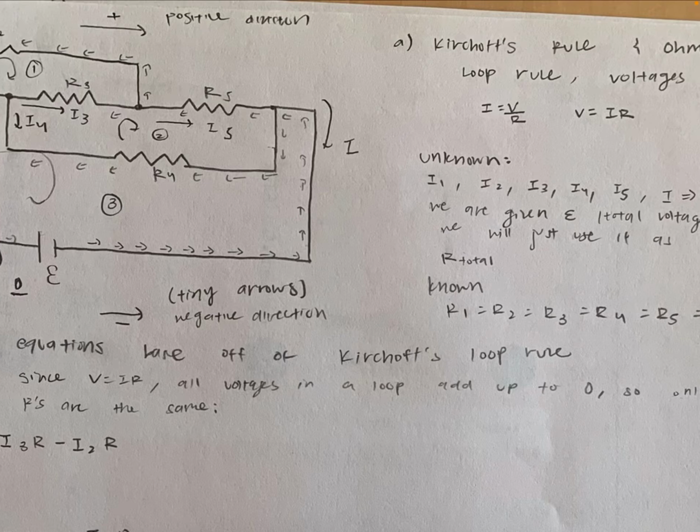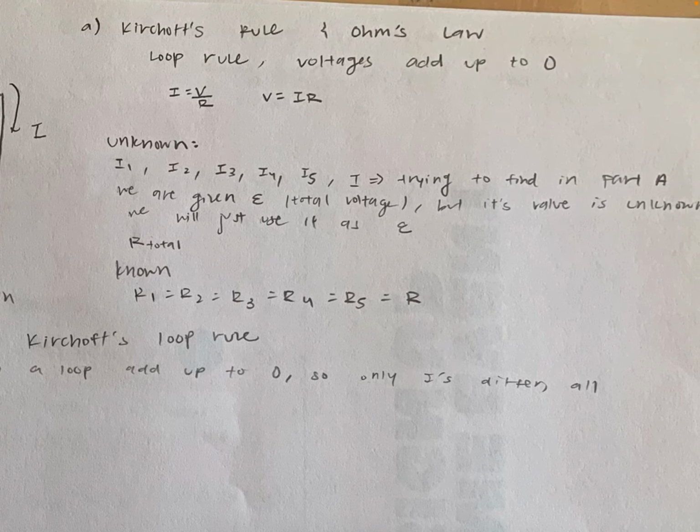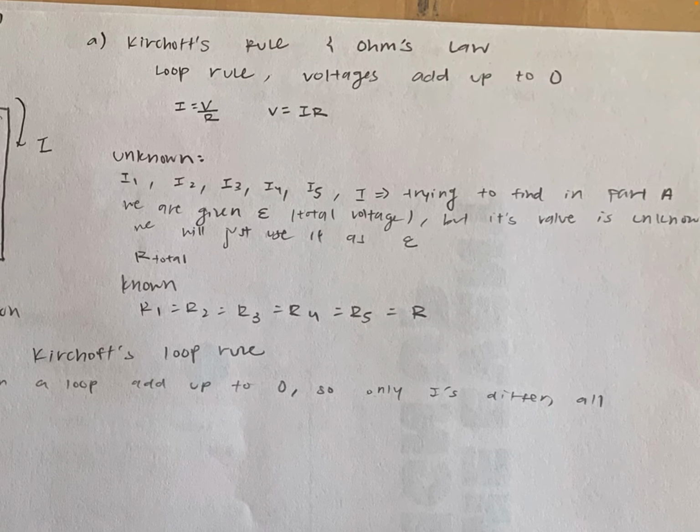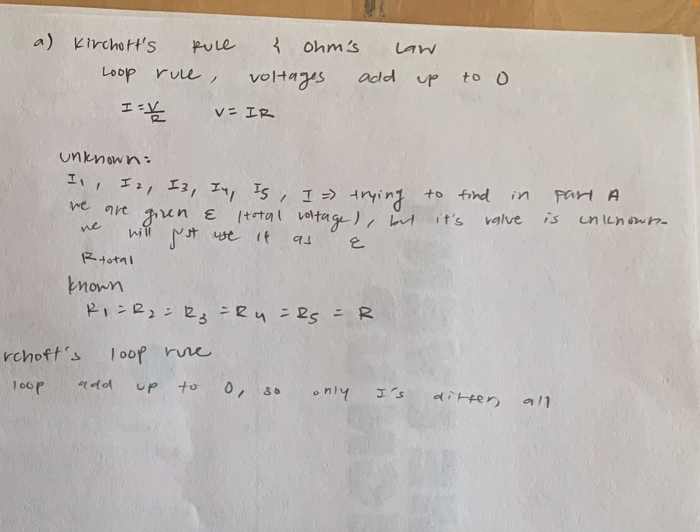So in order to solve part A, we could use Kirchhoff's rule and Ohm's law, where we use the loop rule and voltages add up to 0. So we use the equation I equals V over R and then make it V equals IR, so that we could take the components of all the voltages and add them to 0.